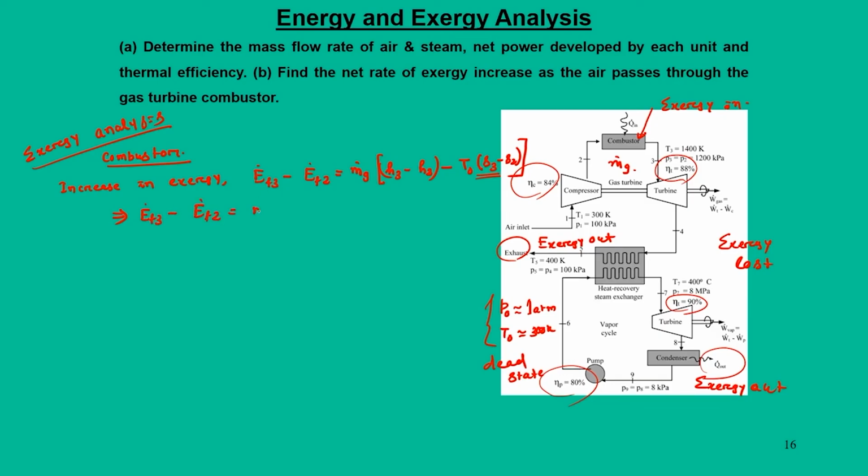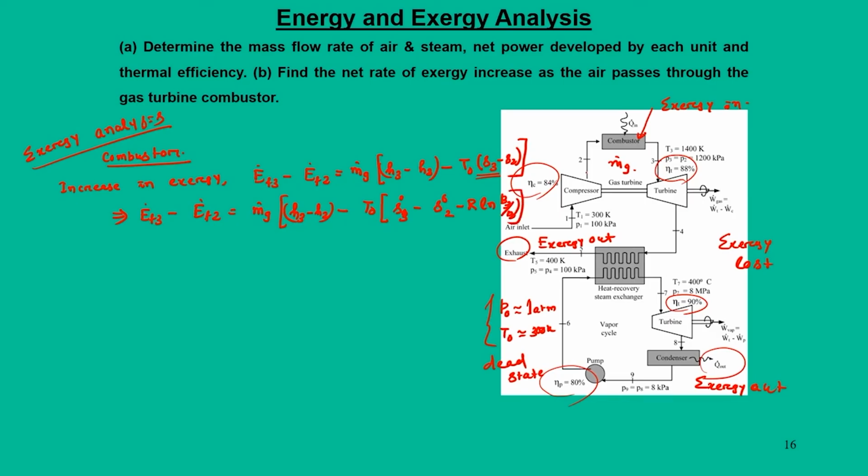So, that becomes m dot g into H3 minus H2, that is equal to T0 into S0 3 minus S0 2 minus R ln P3 by P2.